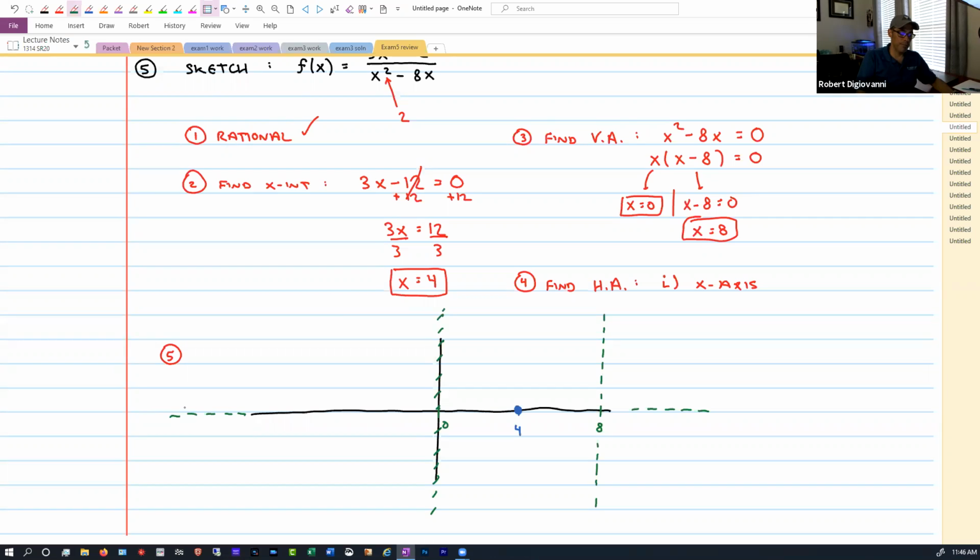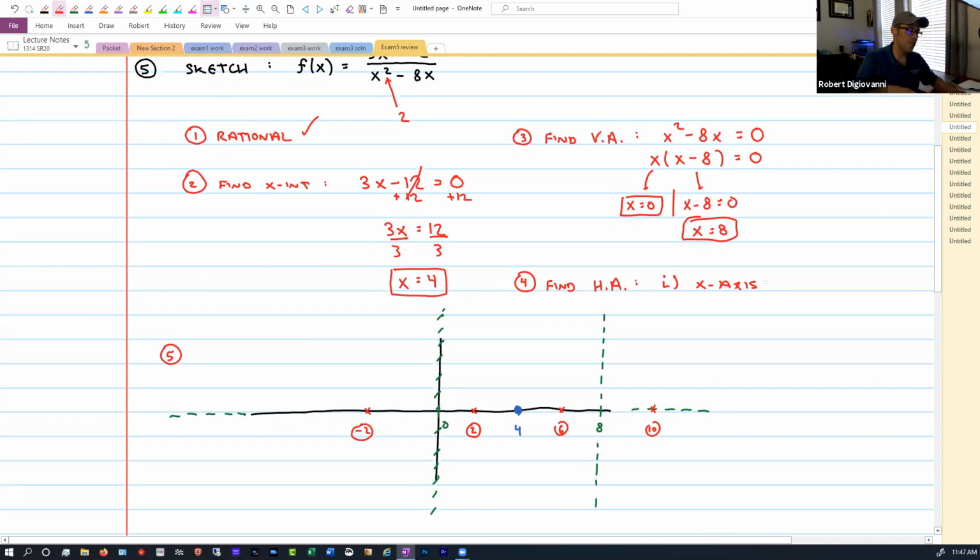All right. However, everyone loves bonus points. There's going to be very few opportunities for bonus on this test. Here's one of the places. If you now do test points, where you figure out what's happening, maybe pick a test point like 2, maybe pick a test point like 6, maybe something out here like 10, something over here like -2.